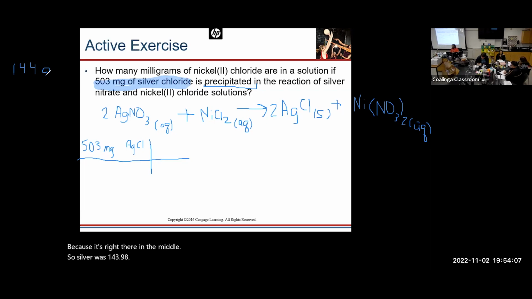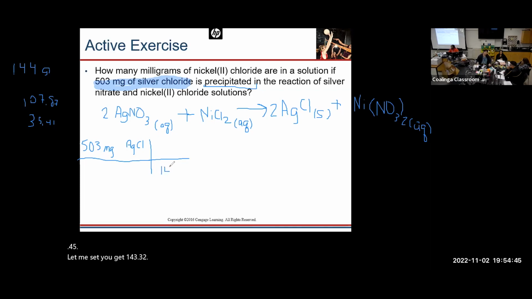So silver is 107.87. Then you said chloride is 35.45. So you get 143.32.